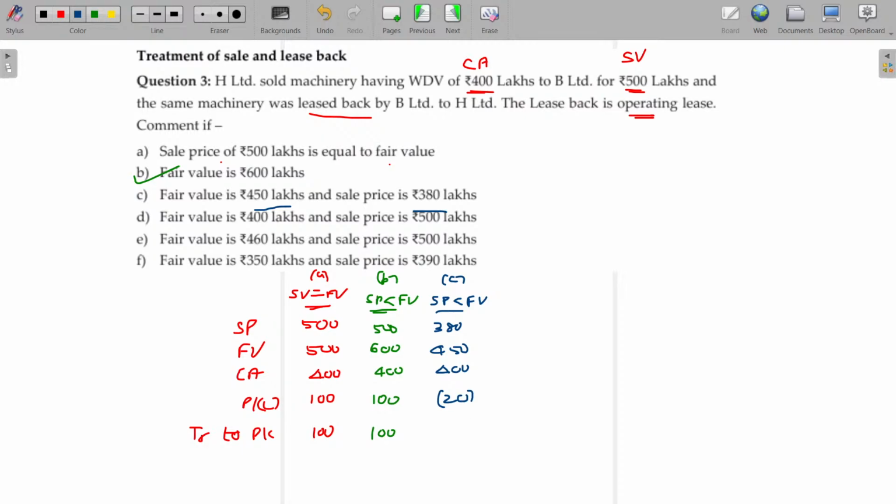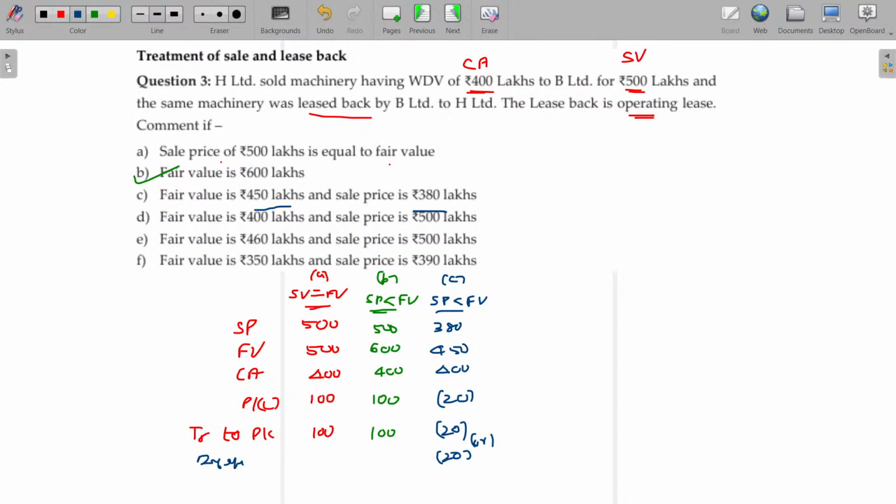The loss now can be debited to the P&L account or deferred. Is that clear?